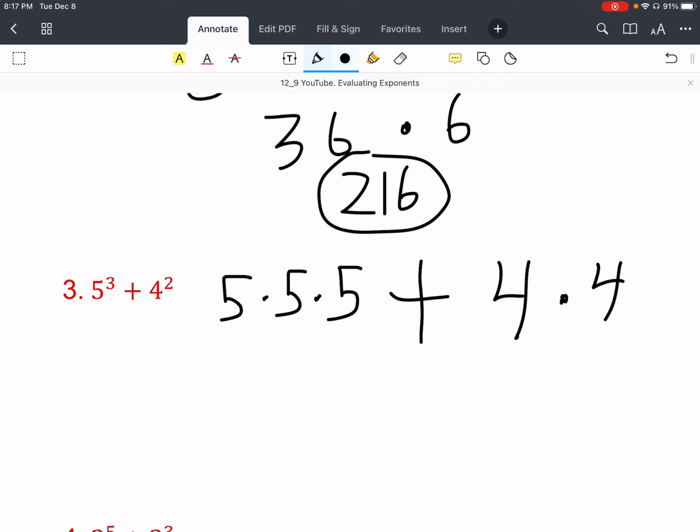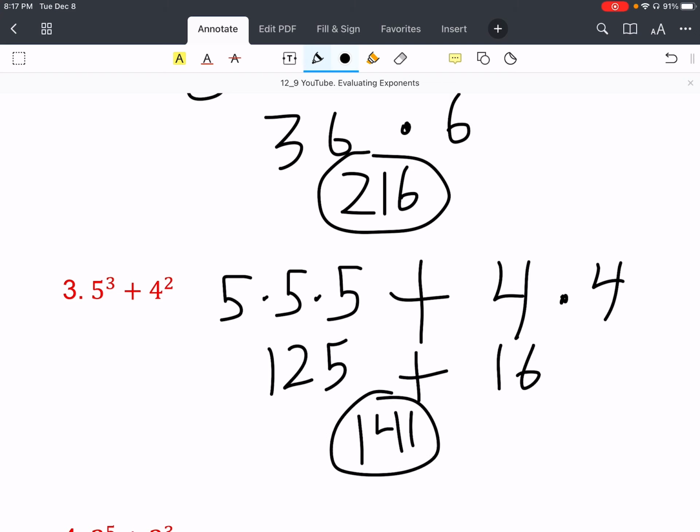So at no point are we going to do this 5 plus 4 business. So 5 times 5 times 5 is 125 plus 16. And now that we've done all the multiplication, we can add these up to get 141. Again, I'm writing out the excessive amount of steps. You might be quick enough to skip some steps, which is perfectly fine.